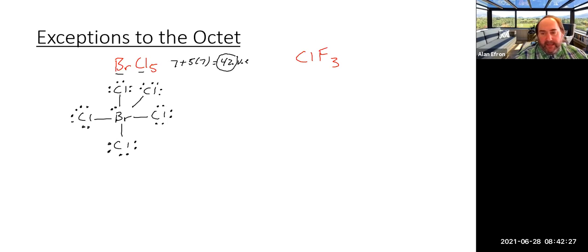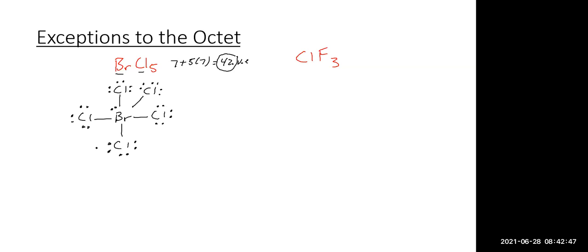Same rule applies: if you had a hydrogen on the outside, you would not go more than 2 electrons. And just like previously, if we filled up everybody on the outside but still have electrons to go, we place them as pairs on the central atom.